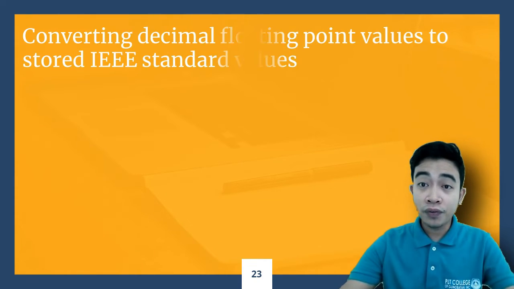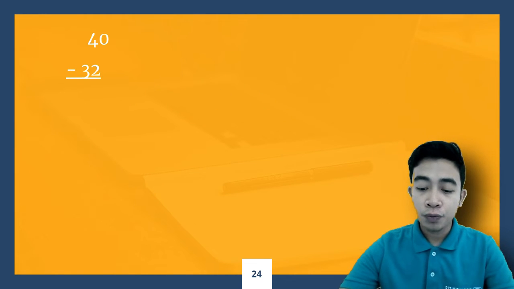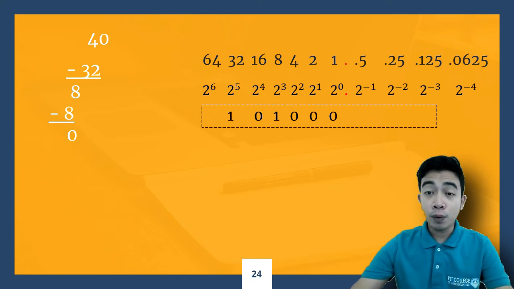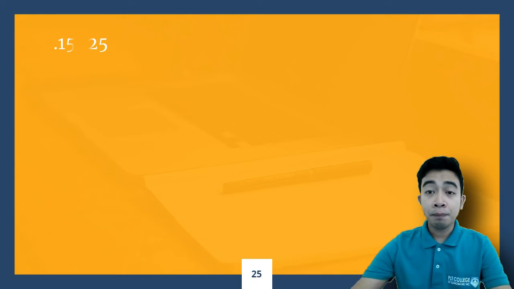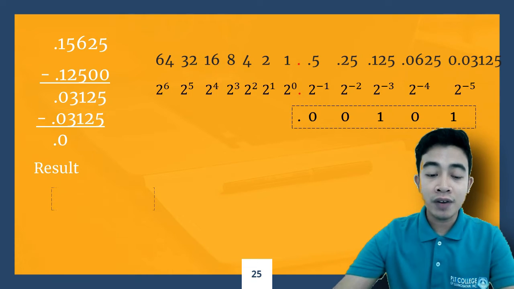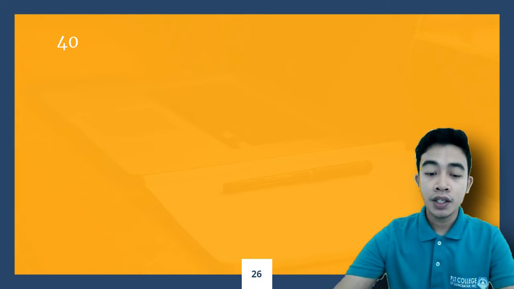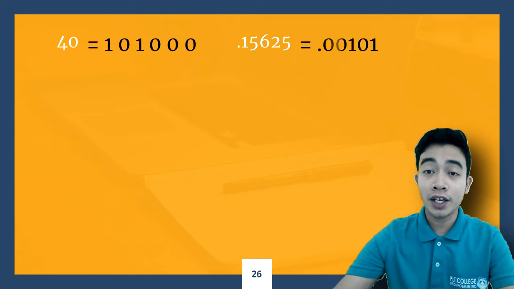Now, we are going to find the IEEE floating point representation of 40.15625. Step 1. Compute the binary equivalent of the whole part and the fractional part. Convert 40 and 0.15625 to their binary equivalent. So, the answer for 40.15625 is 101000.00101.